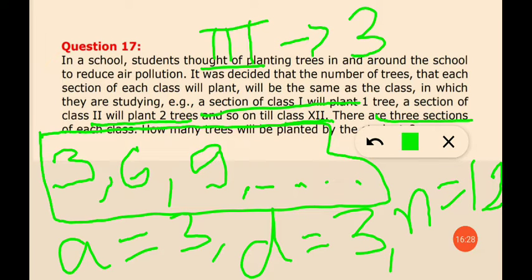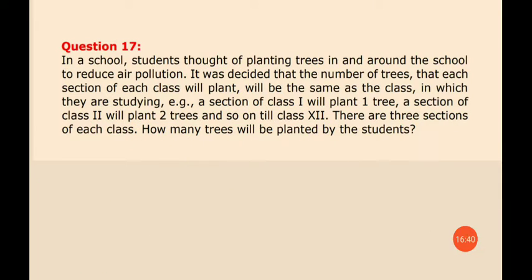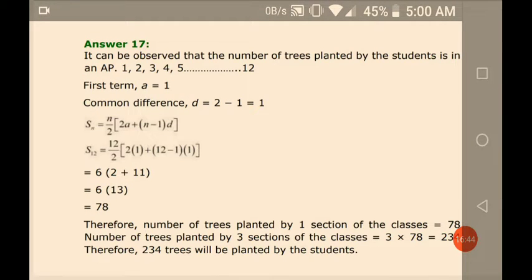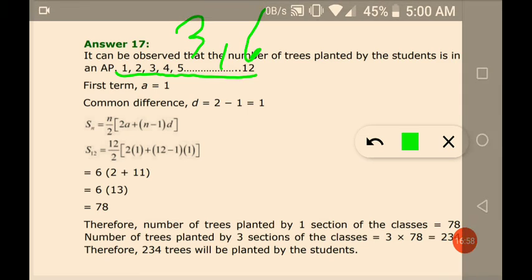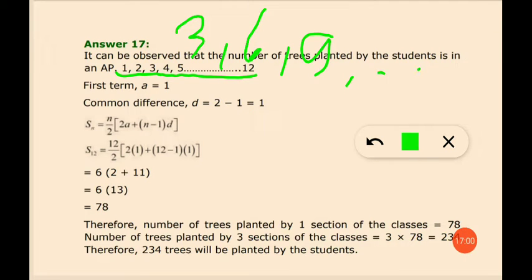So our n is equal to 12, and now we are able to find the total number of trees, that is Sn. So let's see how to solve it. Already it was discussed, they have taken 1, 2, 3, 4, 5 classes only, but we can take our 3, 6, 9 like this also.